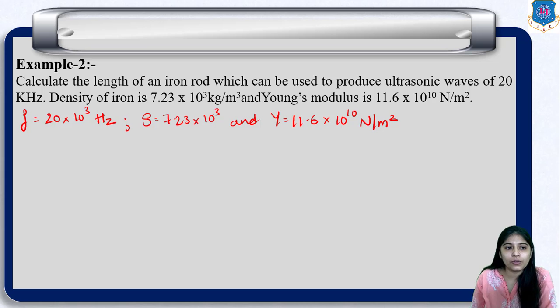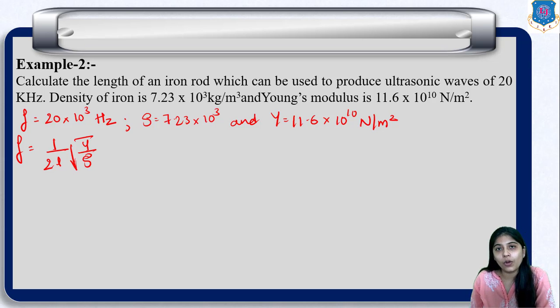We know that the frequency of a vibrating rod is 1 upon 2L root Y by rho. Now what we want to find is L. So L will be 1 upon 2f root Y by rho.